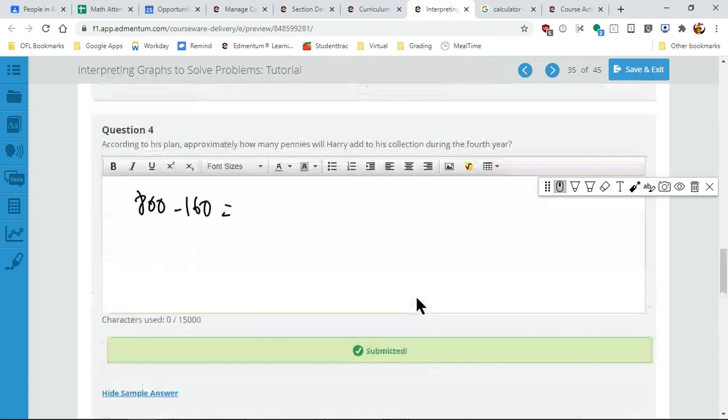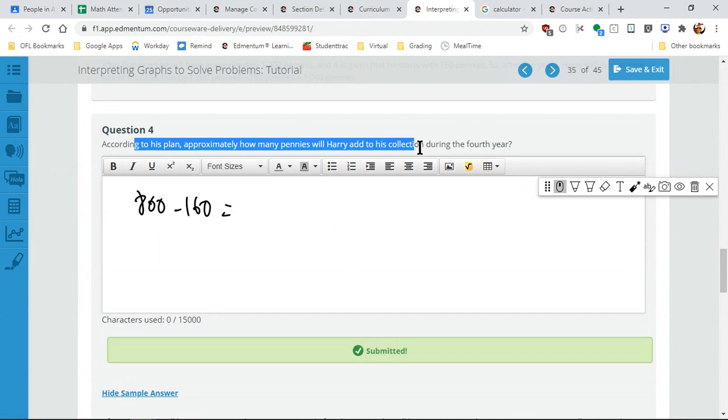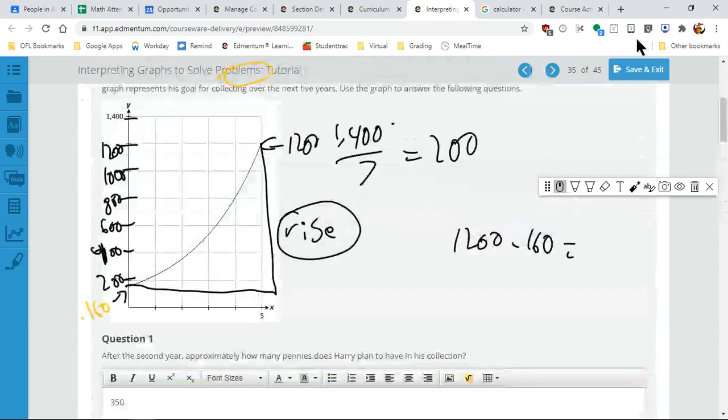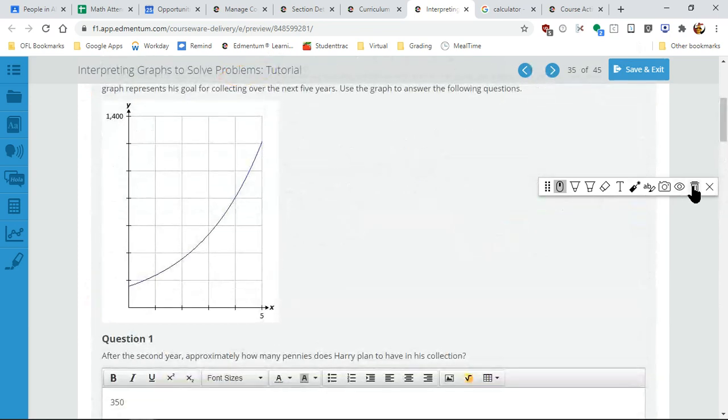And if you guys wrote 800, I'm not going to mark you down for it, because this is worded terribly, in my opinion. Approximately how many pennies does he need to add to his collection during the 4th year? I only figured it out by looking at the sample answer, so I'm not going to hold it against you if you didn't understand what it meant.